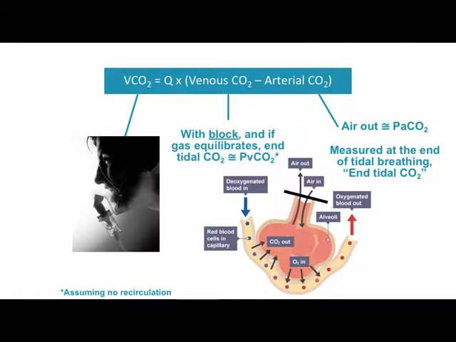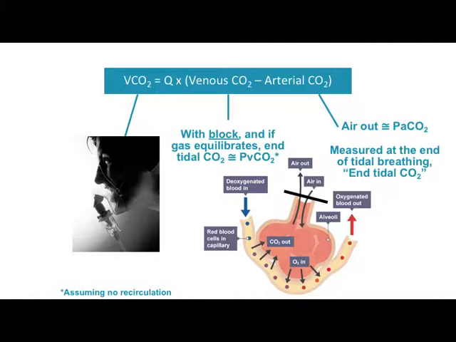So if we block the diffusion out of CO2 and we start to collect it in the lungs, it will creep up, it will increase, it'll gradually slow down as the gradient gets smaller and smaller to the point where it's in equilibrium.